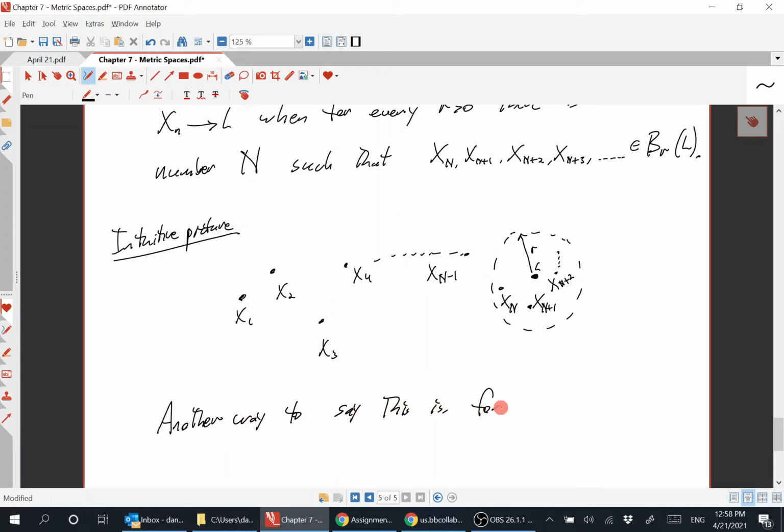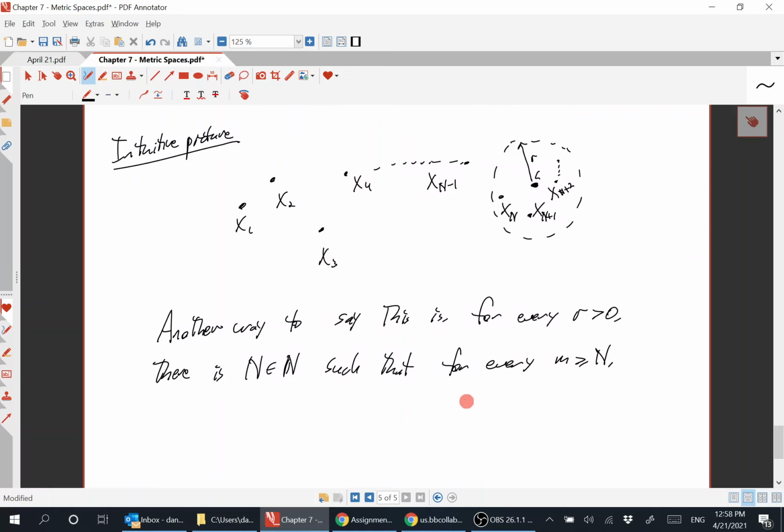So another way to say this is: for every r bigger than 0, there is n in the natural numbers such that for every m bigger than or equal to n, the distance from xm to L is less than r.